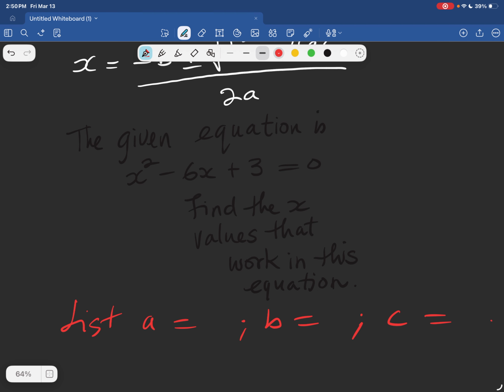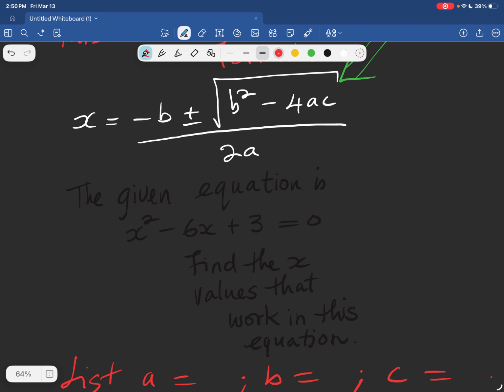If you don't know those, then you won't be able to use the quadratic formula, because the quadratic formula takes a, it takes b, and it takes c in various configurations in order to find x.